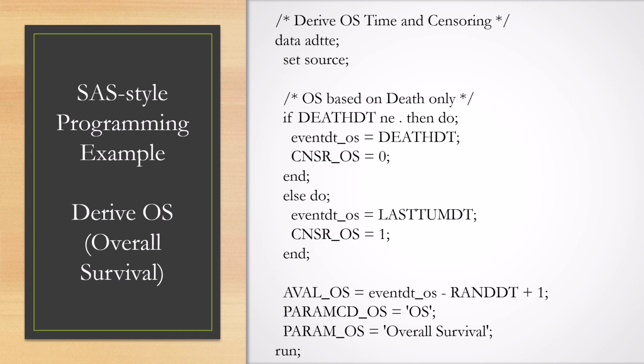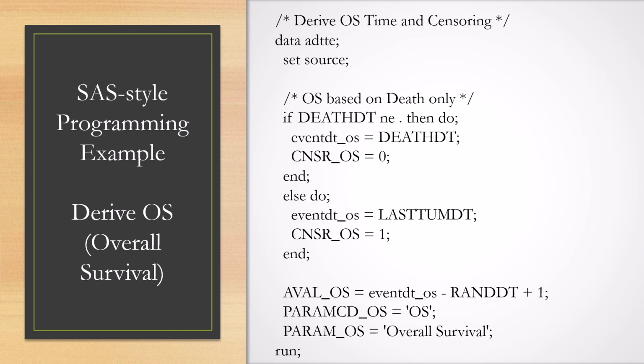Else, if the subject has not died, in that scenario the subject will be censored, which means the censor variable will be 1, and we are populating the event date as the last tumor assessment date or the last available assessment date here.